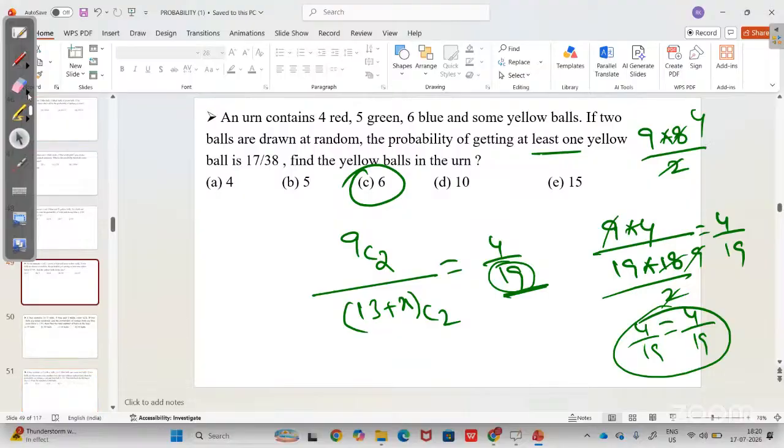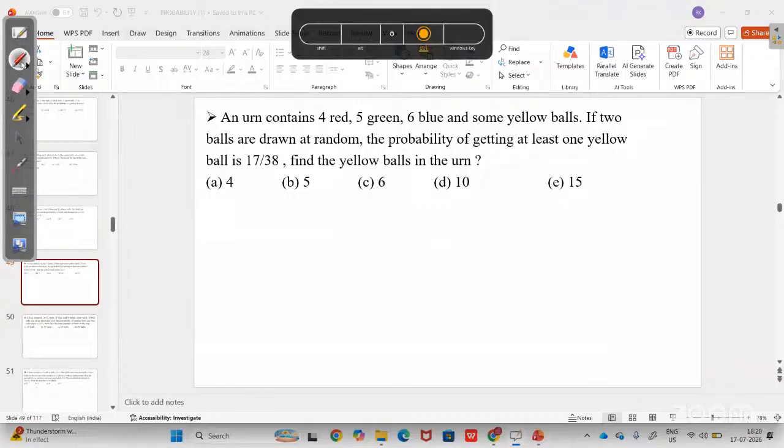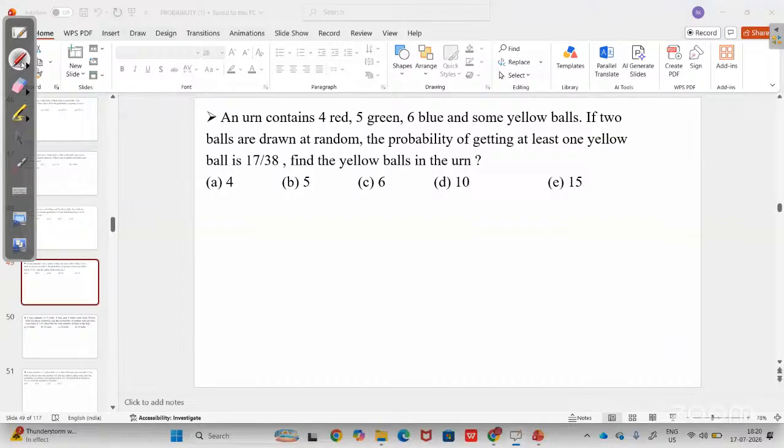Next, what is the answer for this one? The urn contains 4 red, 5 green, 6 blue, and some yellow balls.